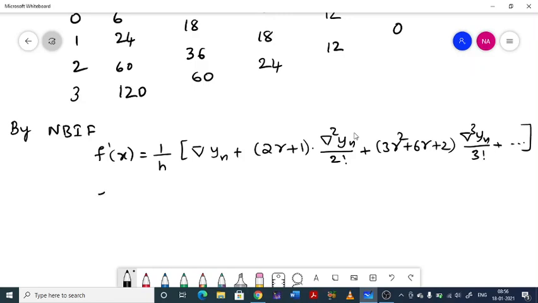We are substituting the values r equal to x minus xn divided by h.